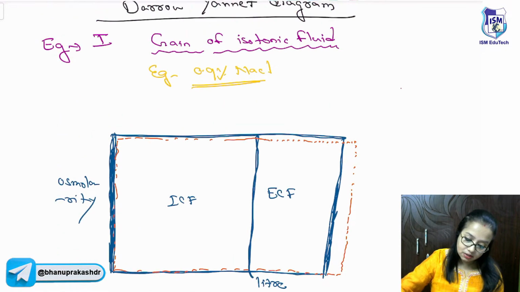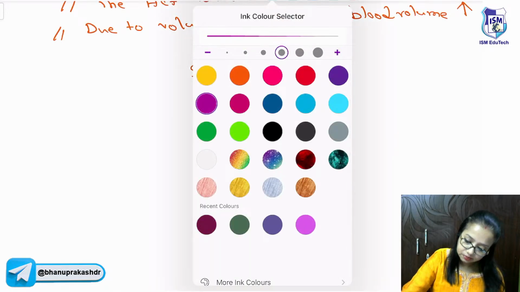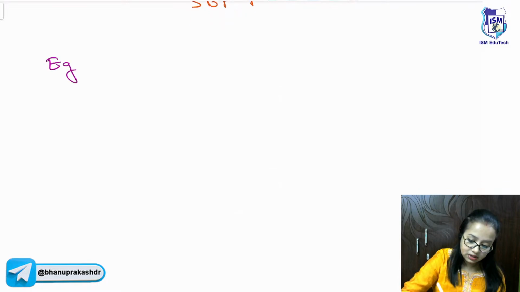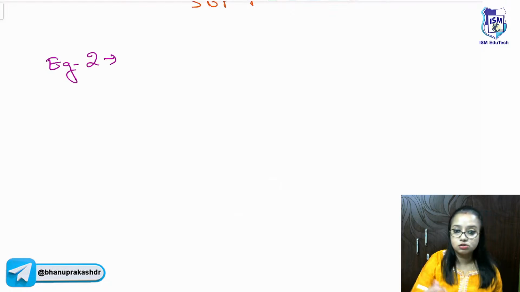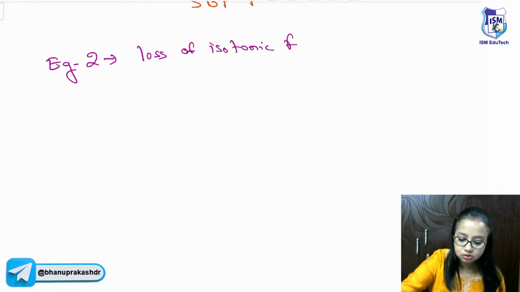Now, talking about the second example: the way we gained isotonic fluid, in the same way there are conditions when we lose isotonic fluid.